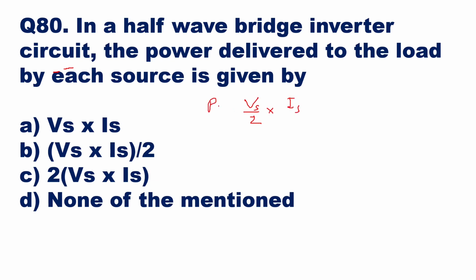So power is equal to Vs by 2 multiplied by the current Is. So this can be written as Vs into Is upon 2. So option B is the right answer, Vs into Is upon 2.